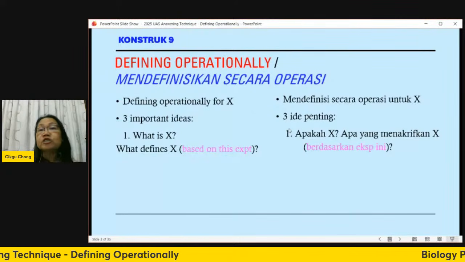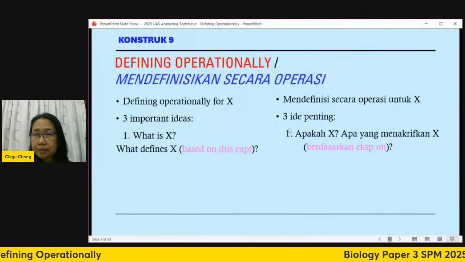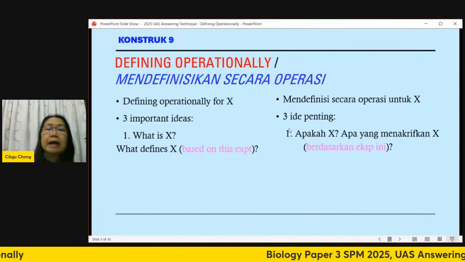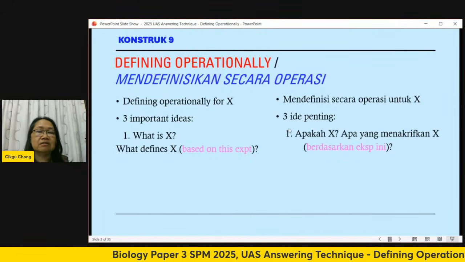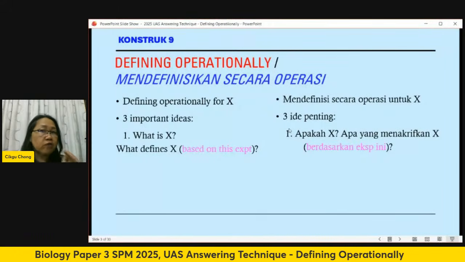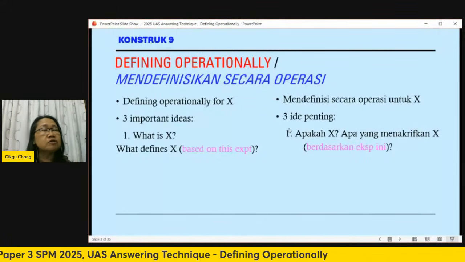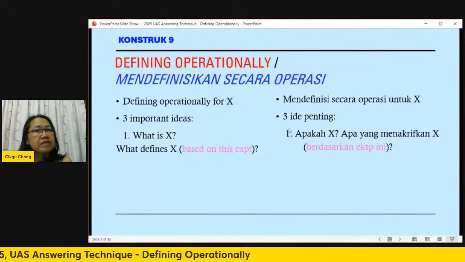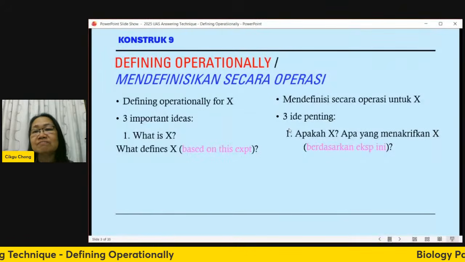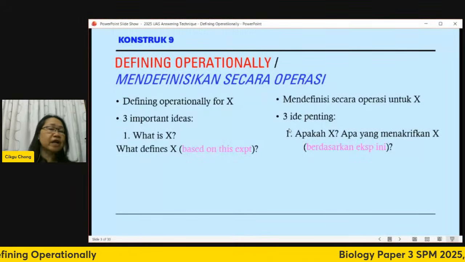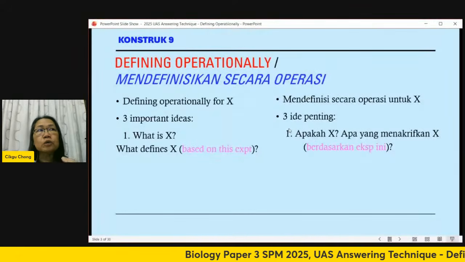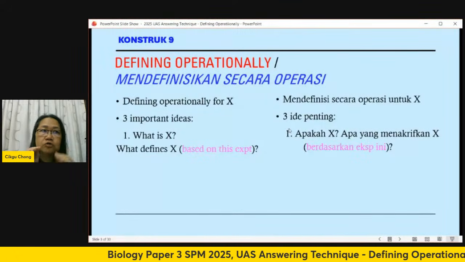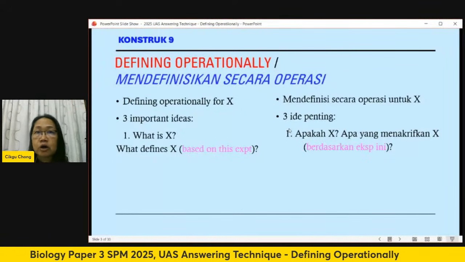Okay, so for operational definition, please remember that it must be specific based on this experiment only. This definition that you write for this experiment will not be able to be used for another experiment that also talks about diffusion. Understand? All right. Okay. Now, later when I give you contoh soalan, the examples of questions, you will get a clearer idea how to formulate your defining operationally.